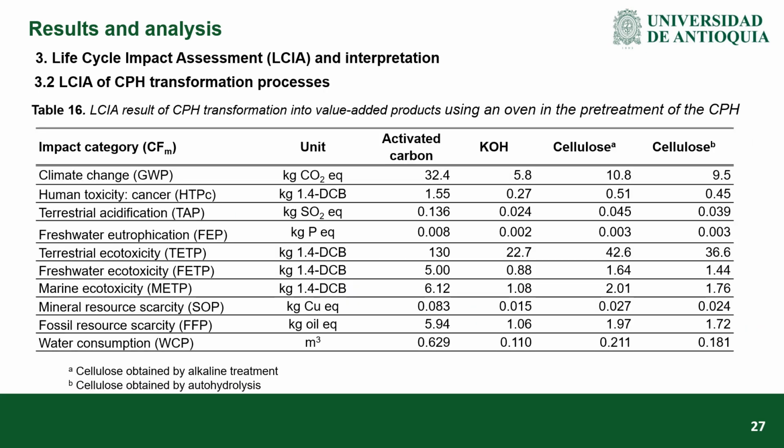The life cycle impact assessment result of the CPH transformation into value-added products using an oven in the pretreatment of the CPH is shown in this table. Why do I do this acceleration? Because for this analysis we consider two options for the pretreatment of the CPH.